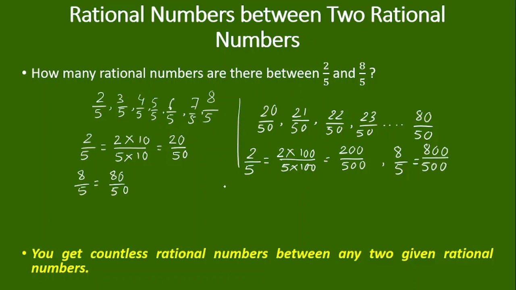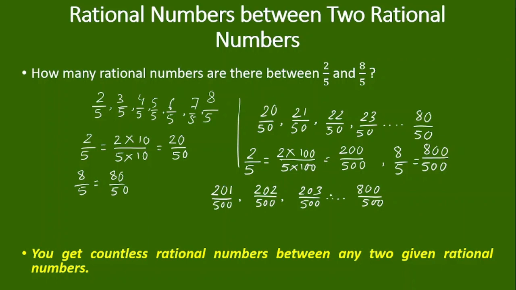Now you can see that 201 upon 500, then 202 upon 500, similarly this will go up to 800 upon 500. That means in between you will have 600 upon 500, 650 upon 500, 700 upon 500. Like that, so many numbers will be there.